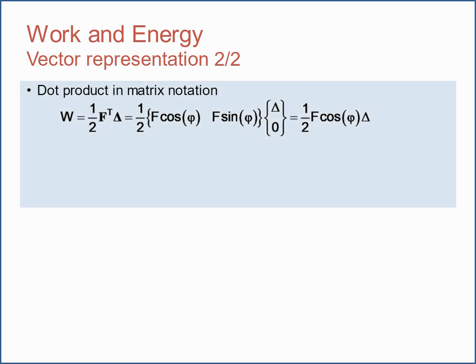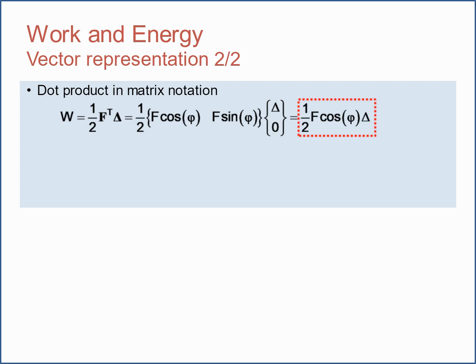The dot product for the external work can also be expressed using matrix notation. In this case, W equals 1/2 times the transpose of F times delta. The equation is rewritten by substituting the vectors.